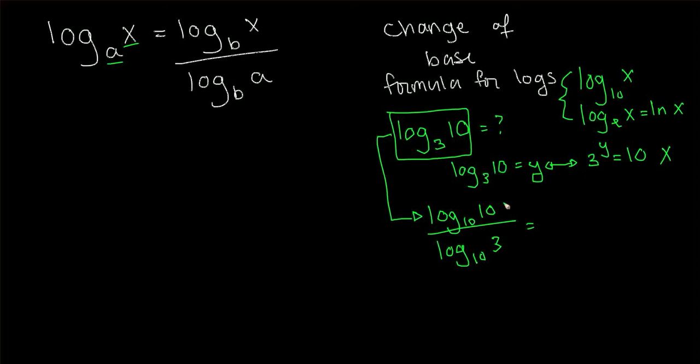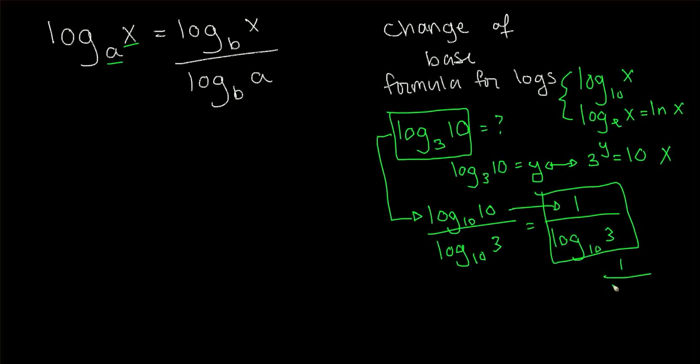Well, log base 10 of 10 is 1, and you can put that in your calculator. So this right here would be 1 over log base 10 of 3, and you could put that in your calculator as 1 over log 3.